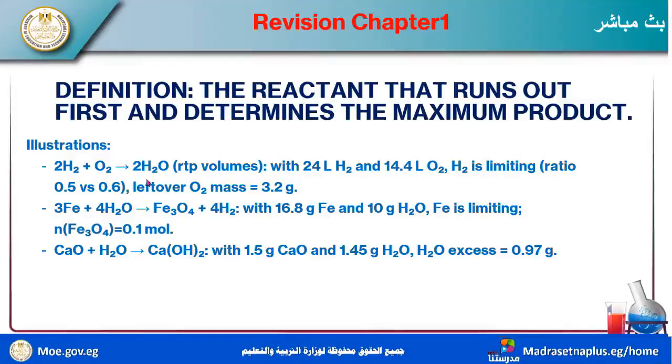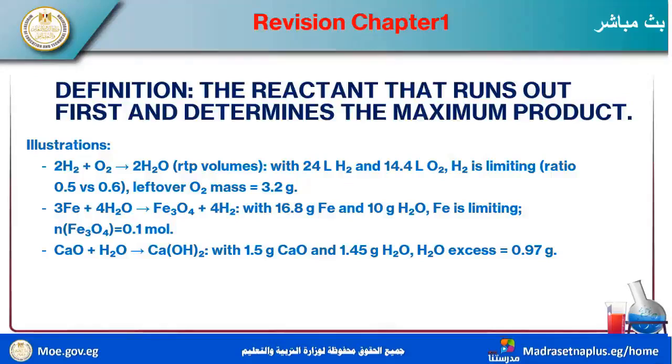So the volumes here of water vapor, hydrogen or oxygen, we have 24 liters of hydrogen and 14.4 liters of oxygen. So hydrogen is the limiting reactant because the hydrogen will be totally consumed in this reaction, because it has the least ratio in this reaction.